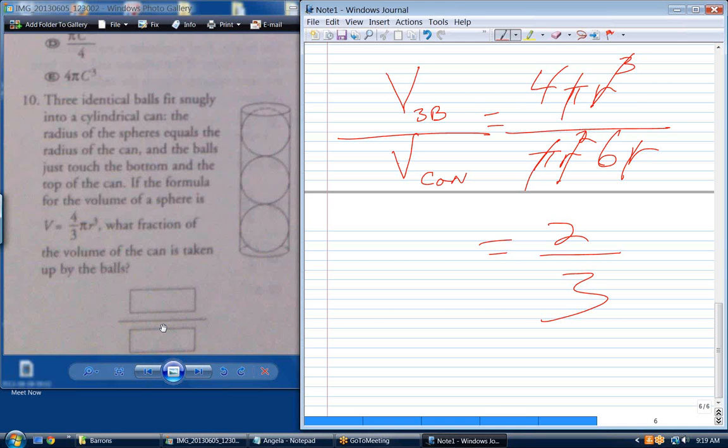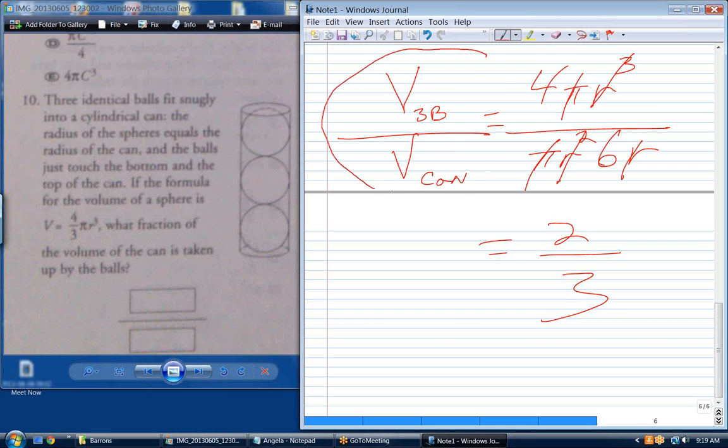I think one of the keys to this problem is starting at the back. And in fact, it's a key to a lot of word problems. Rather than trying to figure out how to go about answering this, let's start with what they want. What fraction of the volume of the can is taken up by the balls means the volume of 3 balls divided by the volume of the can.